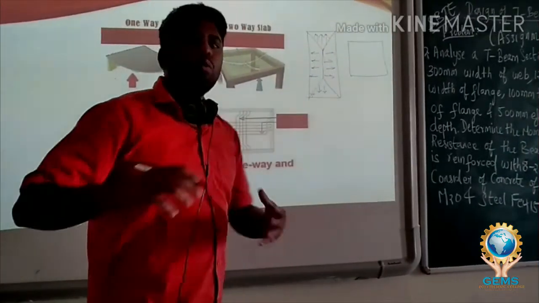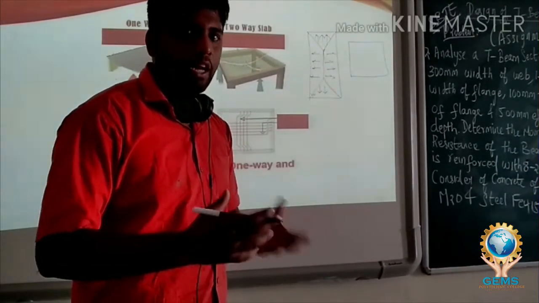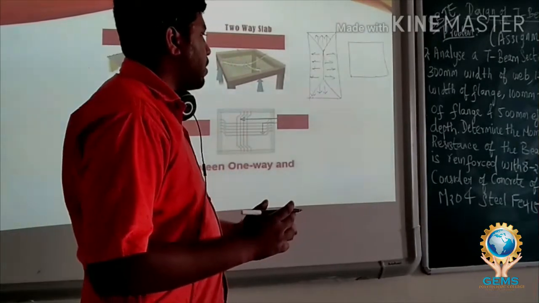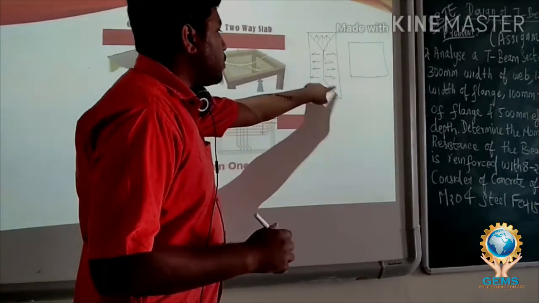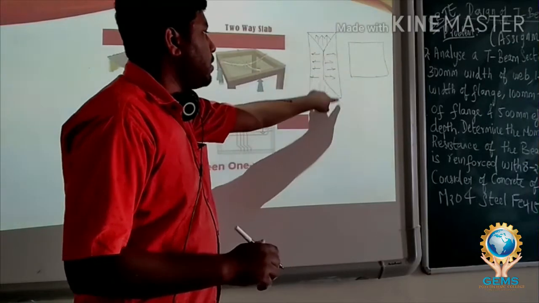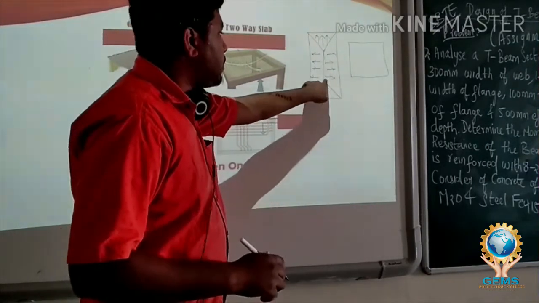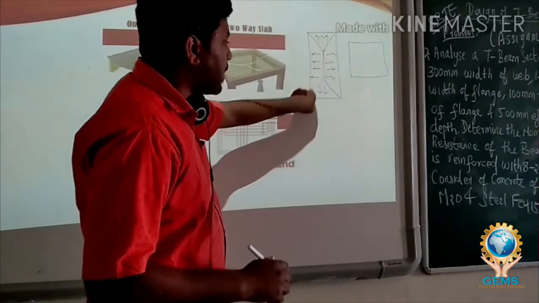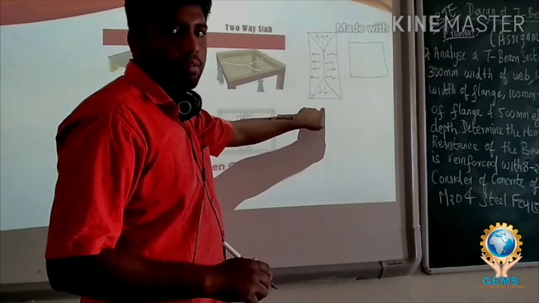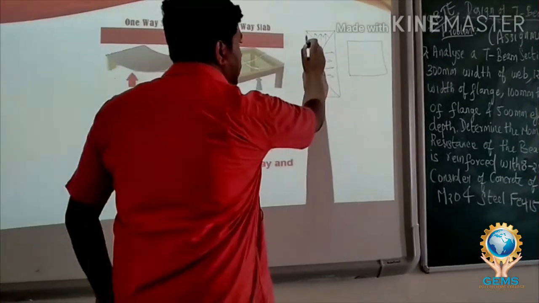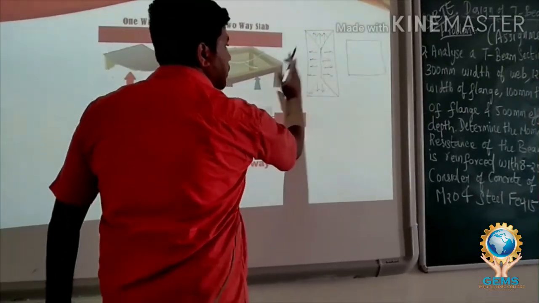Okay, so how will they cast the beam? That only I am telling. How will they cast the beam? See, in this portion, the load will act only in this particular area. Okay, and the load in this area will go this side.